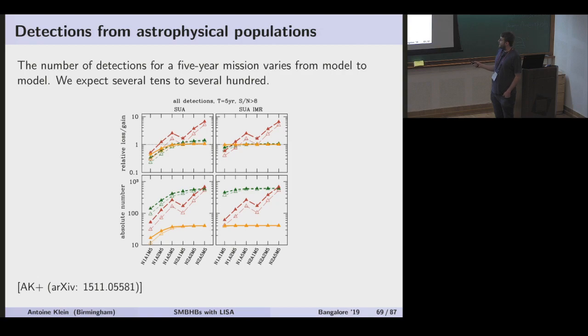This is the absolute number of detections in LISA with the three different black hole evolution models. In red, you have the light seeds model. In green, you have the heavy seeds with no delays. And in yellow, you have the heavy seeds with delays.